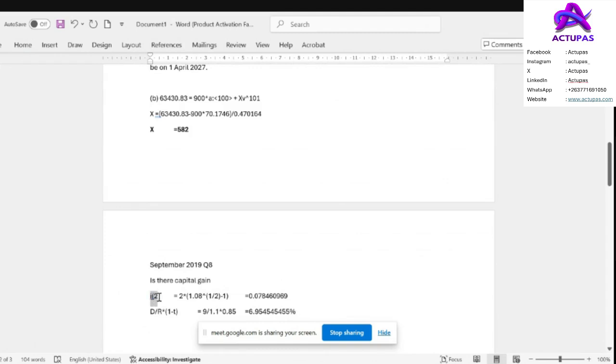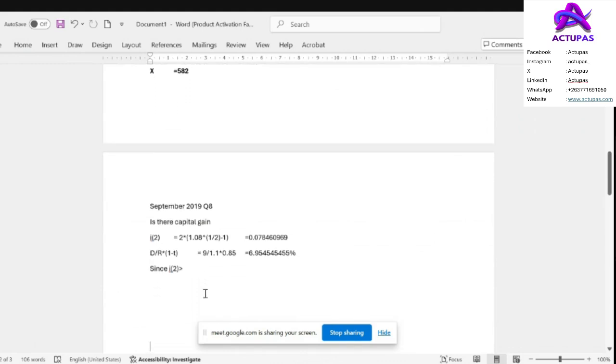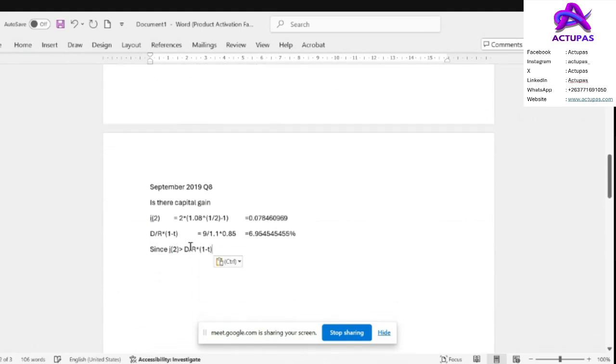So since this is greater than that, then there is capital gain, and the loan will be paid, and we assume redemption occurs at the latest date possible.